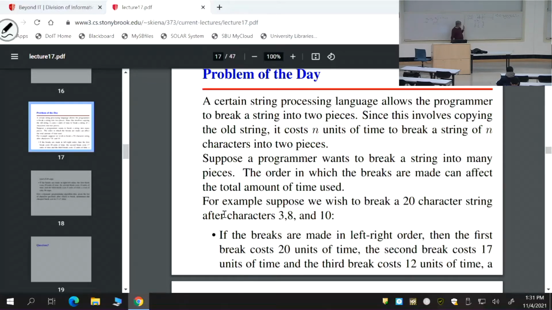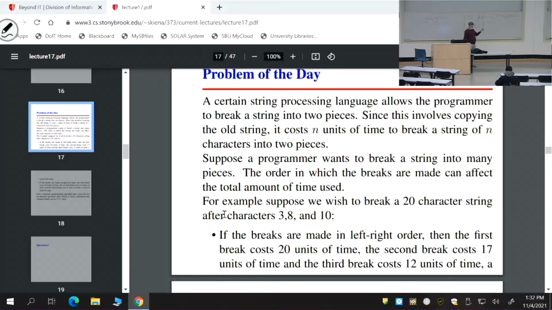Now, can anyone give me a recurrence relation for this? What is a recurrence relation going to be doing? I want to now try to compute the cost of C i j in terms of smaller ranges, right?